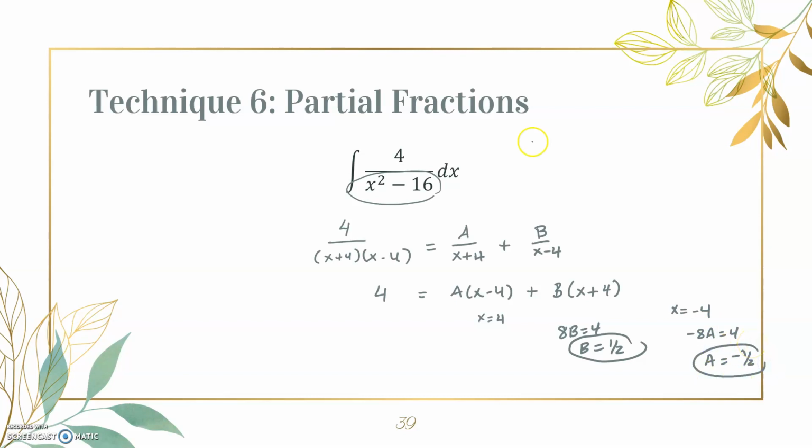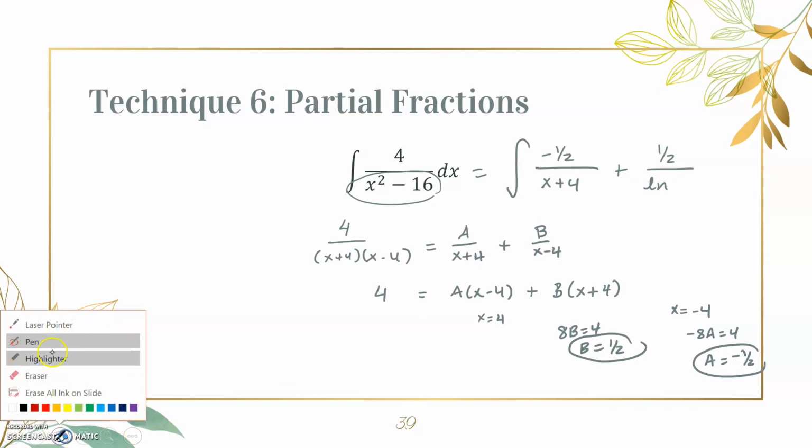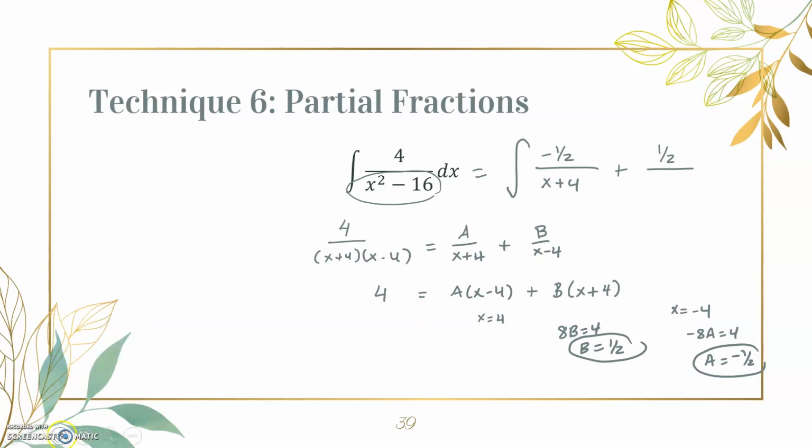And the purpose of this is now I have something that I can do an antiderivative of because I know the antiderivative of 1 over x plus 4 is going to be natural log. I want to point out that I would have negative 1/2 natural log of x plus 4, plus 1/2 of natural log of x minus 4.